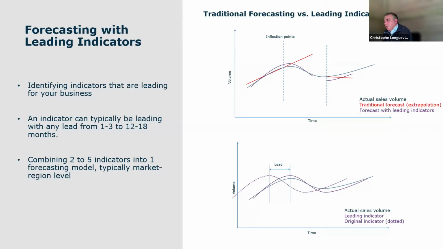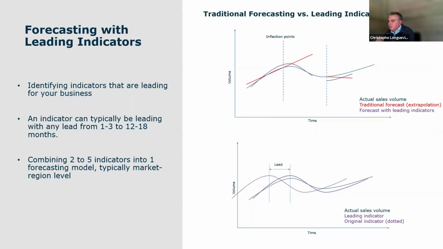Typically, we identify this type of indicators for a specific business, a specific market, a specific business unit, anything that is a focus for you to understand. Then, in the next step, we can build predictive models based on our machine learning engines that integrate these indicators into a predictive model, which will help you to forecast these trends. But there is more than that.